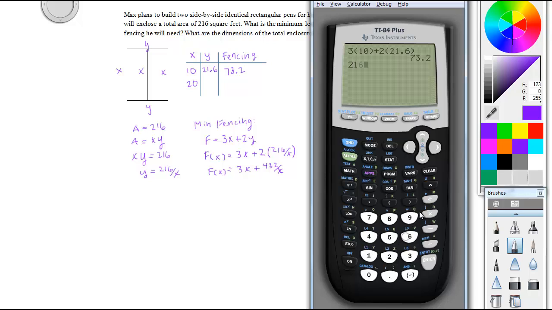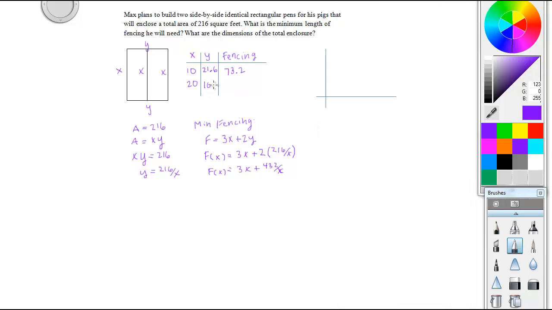216 divided by 20 to get the y variable, and this is 10.8.